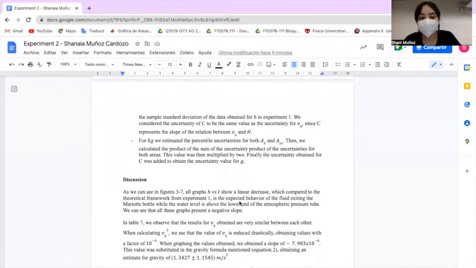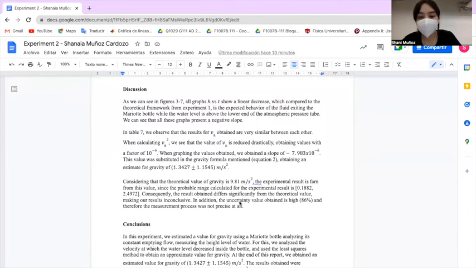For the uncertainty of g, we estimated the percentile uncertainty for both area h and area in, and then we calculated the sum of the uncertainty products of both areas. This value was then multiplied by 2. Finally, the uncertainty obtained for C was added to obtain the uncertainty value for g.